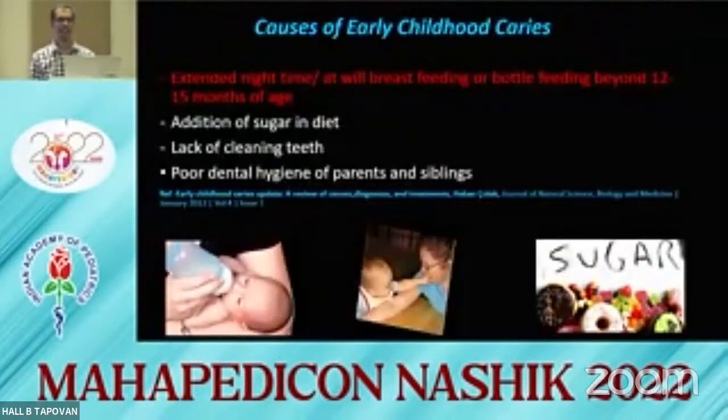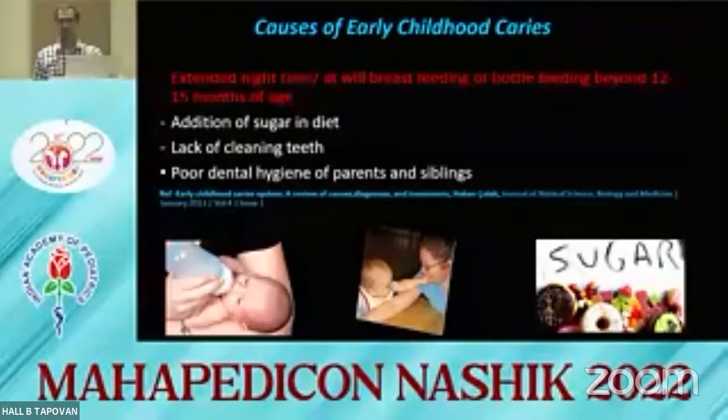What are the causes of early childhood dental caries? This might be a contentious issue because pediatricians advise breastfeeding up to the age of 2 years. But as per the references, breastfeeding or bottle feeding at will, or extended beyond the age of 12 to 15 months, is the most common cause of dental cavities occurring in children.